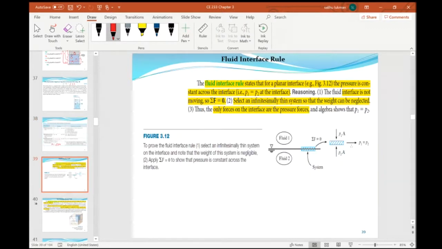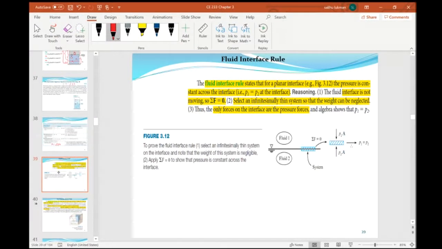Now, let's look at what is called the fluid interface rule. The fluid interface rule states that for a planar interface, for example between fluid A and B, here is water and here it can be air.